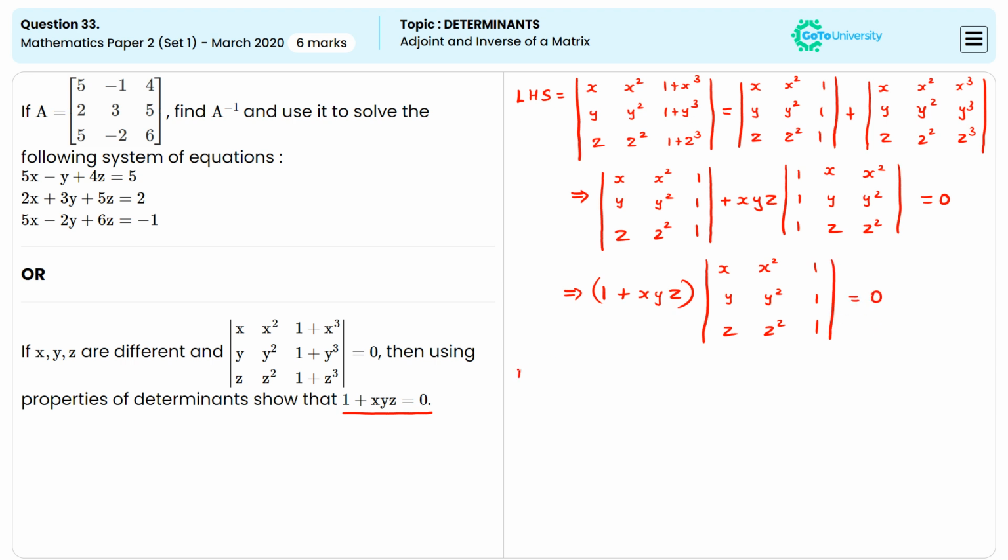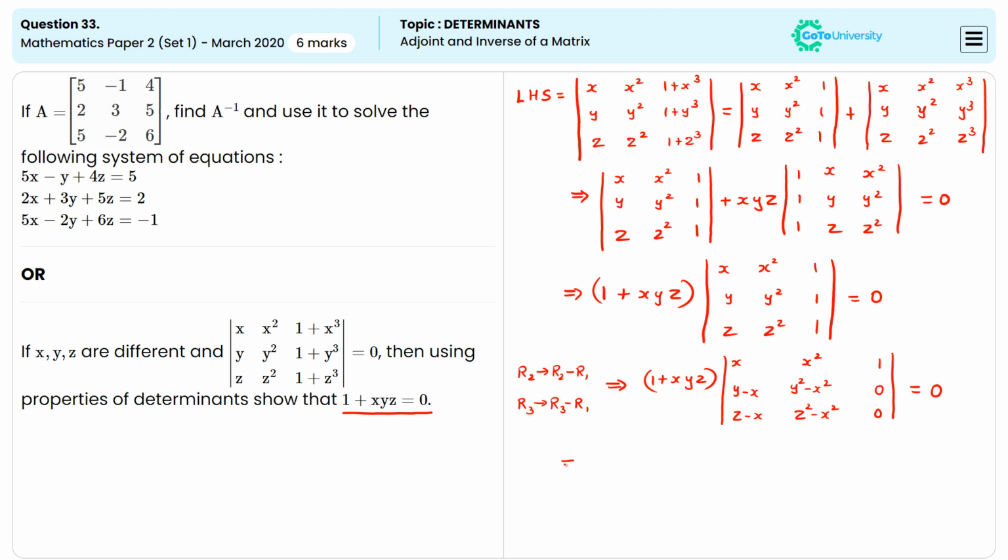Now on applying the row transformation, that is R2 as R2 minus R1 and R3 as R3 minus R1, I'll get 1 plus xyz times x, x square, 1. And here we have got y minus x and y square minus x square, and 1 minus 1 is 0. Z minus x, z square minus x square, and here we have got 0. And this is equal to 0.